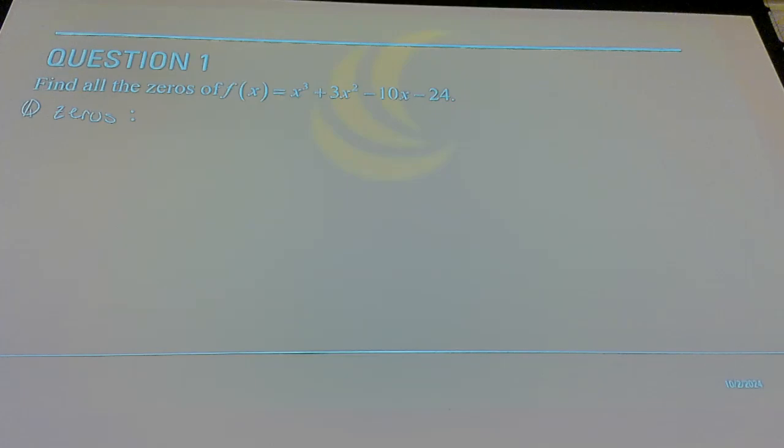What about the leading coefficient? What is it? 1. Oh, that is beautiful. Because remember, the rational zeros theorem says that it's P over Q, where P is a factor of the constant and Q is a factor of the leading coefficient. The leading coefficient only has one factor, 1.